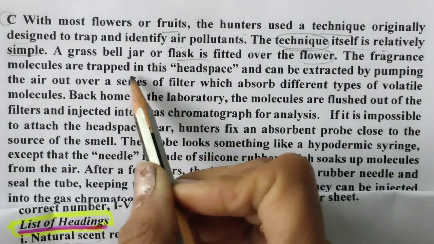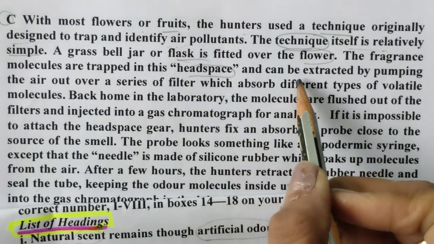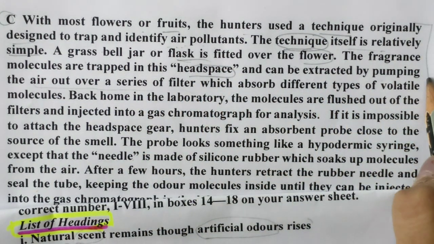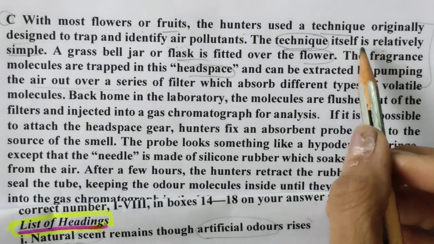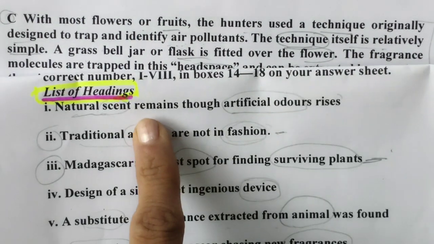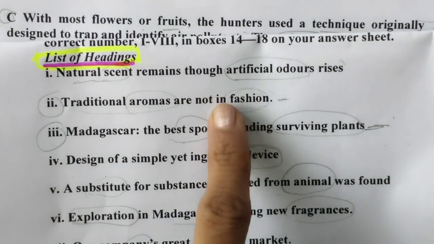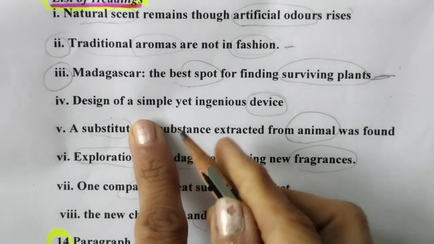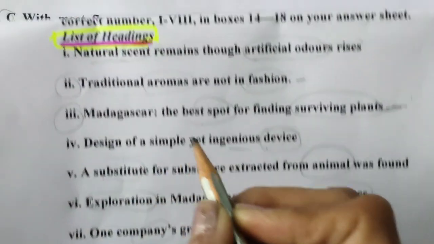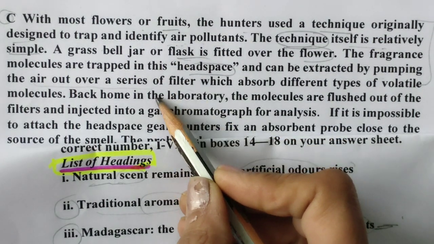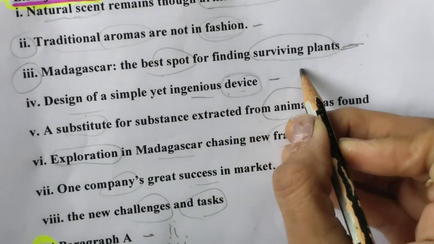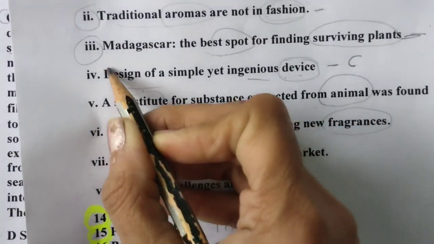The fragrance molecules are trapped in the headspace and can be extracted by pumping the air. So it is clear they are talking about some equipment. Natural scent remains, no. So design of a simple yet ingenious device, they are talking. Okay, so they are talking about design or equipment, so we can select this for the C paragraph.